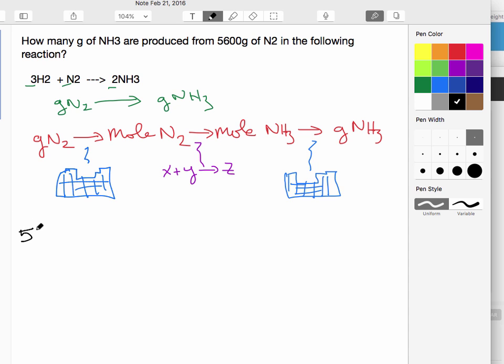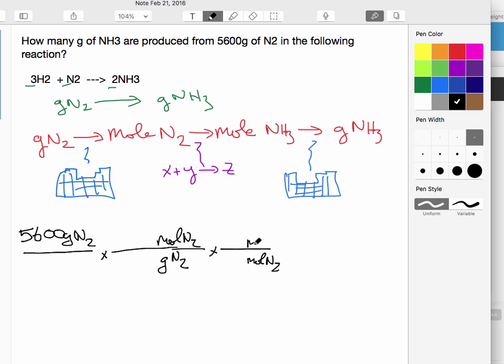Let's say we have 5,600 grams of nitrogen, and we are going to convert that from grams of nitrogen to moles of nitrogen, then from moles of nitrogen to moles of ammonia, and then from moles of ammonia to grams of ammonia.